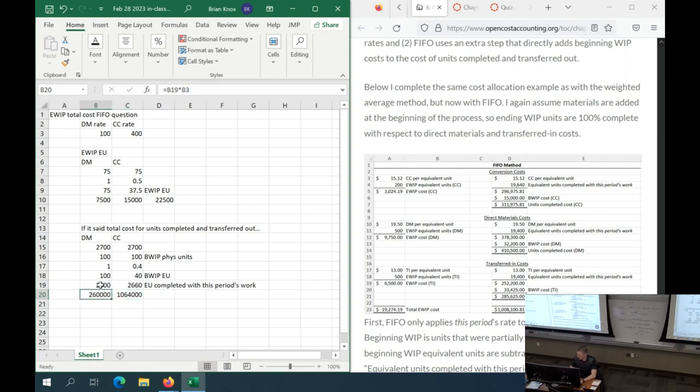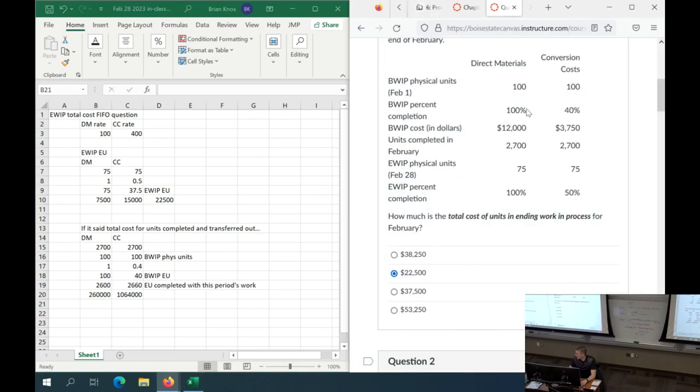Okay, now we have these right here. These are great. And what we would need to do is the question would have to give us what the beginning WIP cost is as well, which this question does not give us that. So let's just say, for sake of argument, there. What?